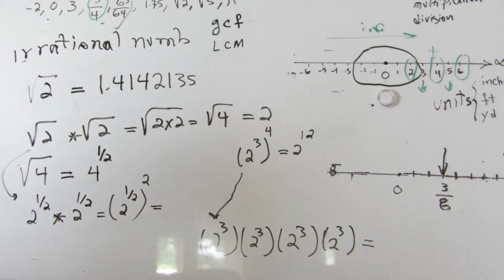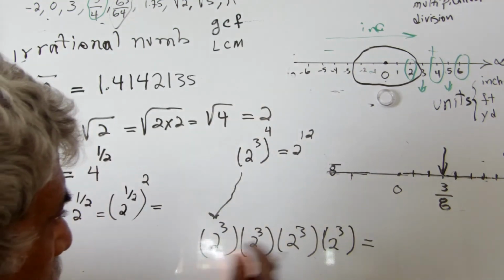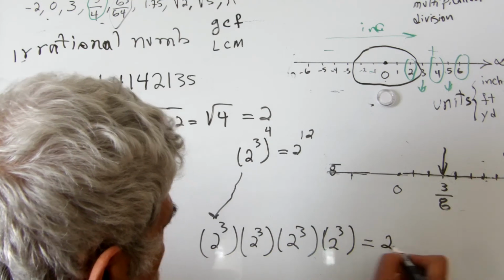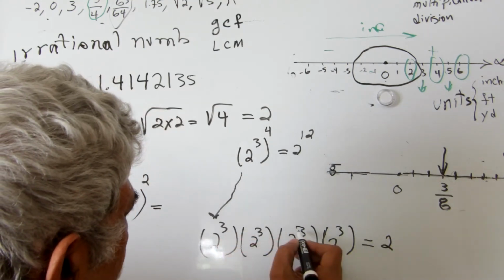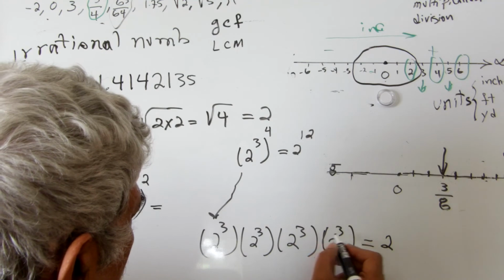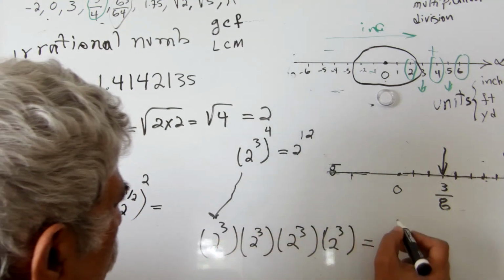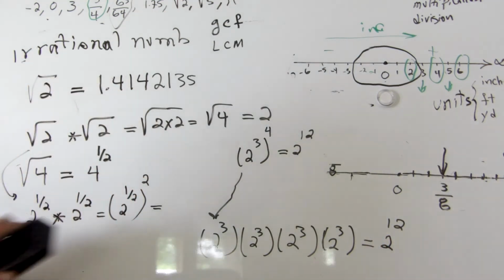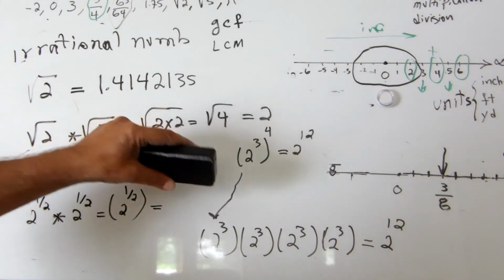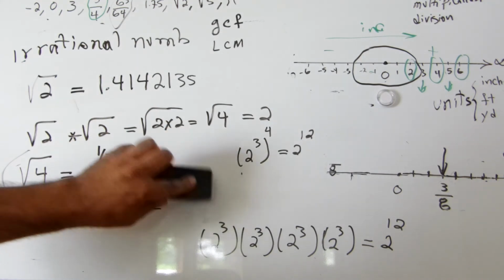When we want to simplify that, we write the base and add the exponents together: 3 plus 3 is 6, plus 3 is 9, plus 3 is 12, so 2 to the power of 12.